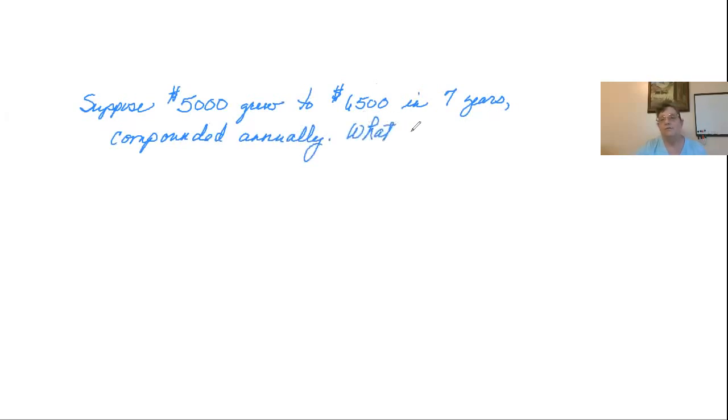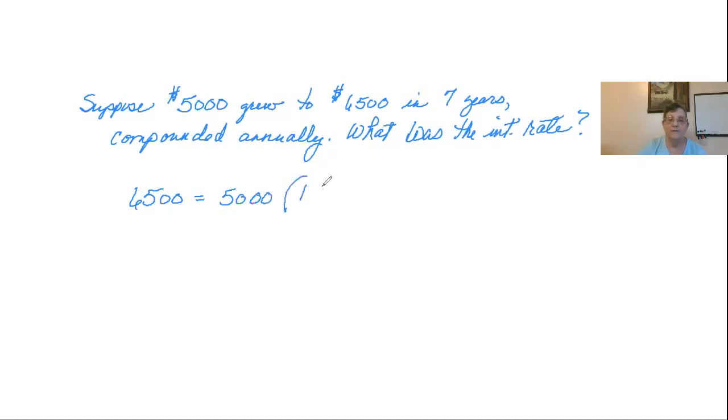And we need to know what the interest rate was. This was the trickiest one typically to solve. We have the A, we have the P. 1 plus R, well, this will be annually, so it's going to be just 1 plus R, raised to the T, which is 7.